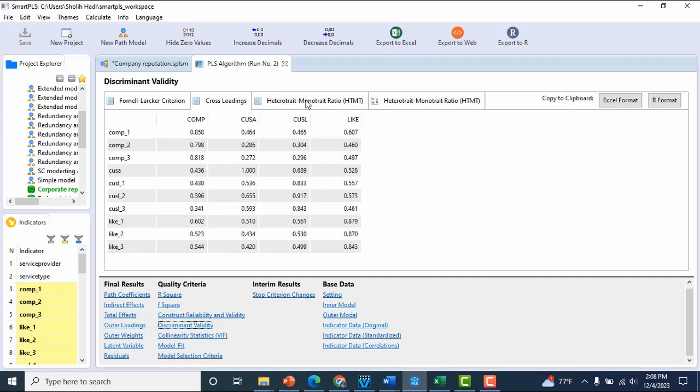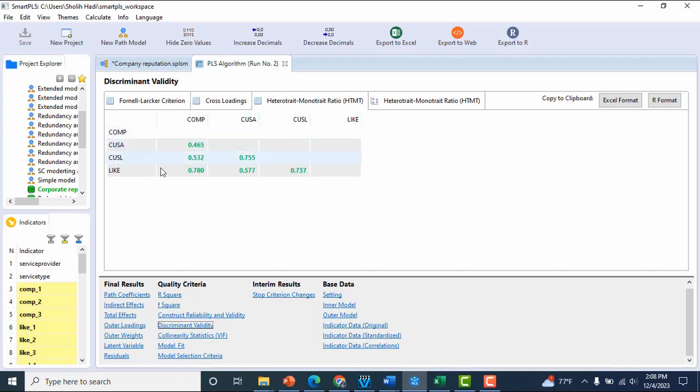And then use the HTMT. From here we can see that all values are less than 0.85. So initially we can say that discriminant validity is satisfied using HTMT, but we cannot conclude with precise values because we should check the confidence interval at 95%, one-tailed.